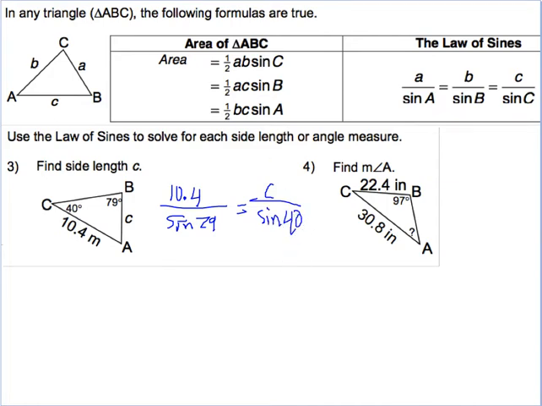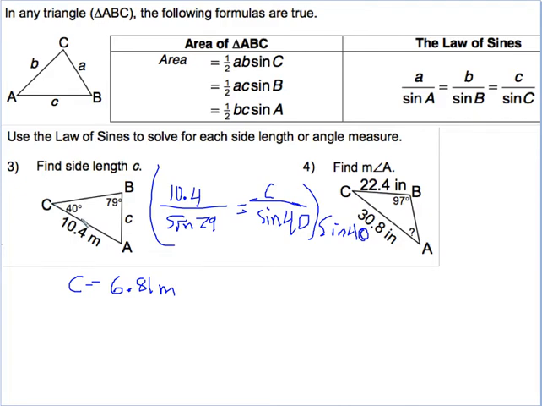Most of the time we want to cross multiply and divide. I will tell you, you don't have to always do that. If you just multiply everything by the sine of 40 degrees, you get side C all on its own. So when you multiply everything out, the calculator says side C is equal to 6.81 meters.